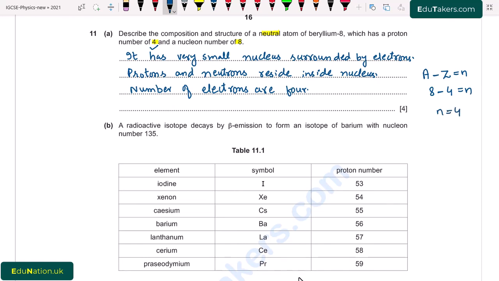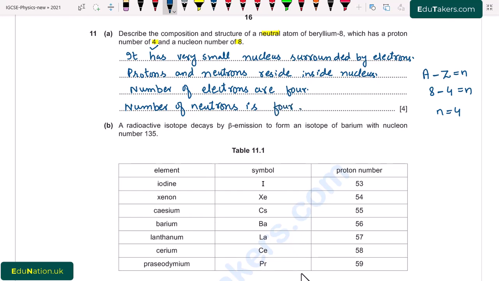It means that the neutral atom of beryllium-8 has a number of neutrons equal to 4. So I write here, number of neutrons is 4.